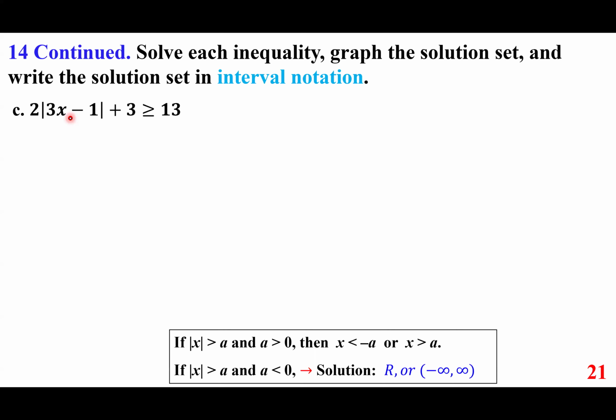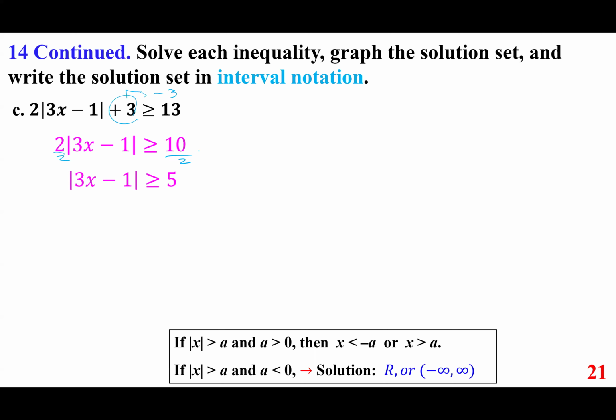Isolate it first. Subtract 3 from both sides. Divide by 2. It's completely isolated.